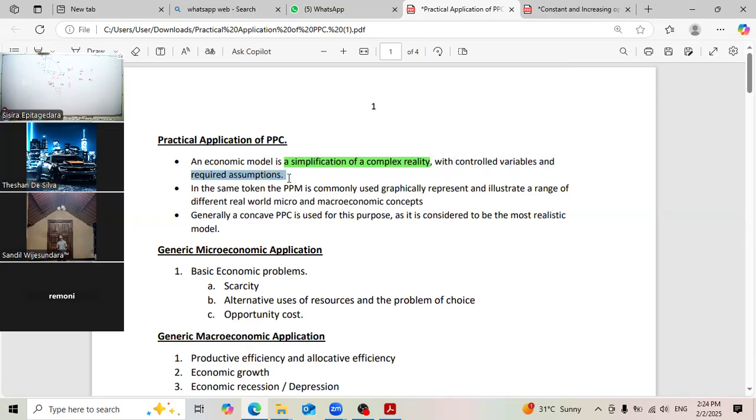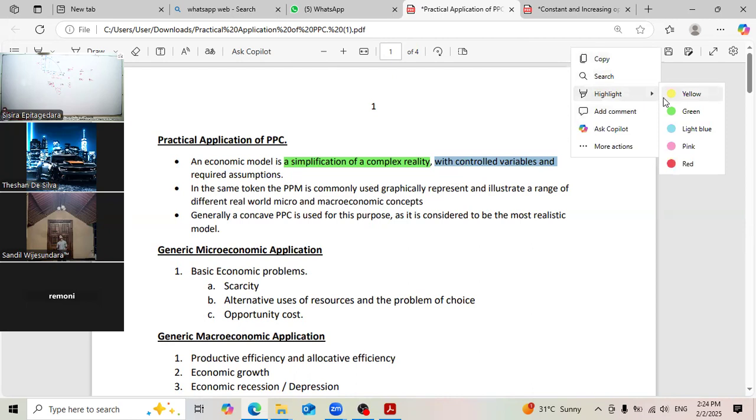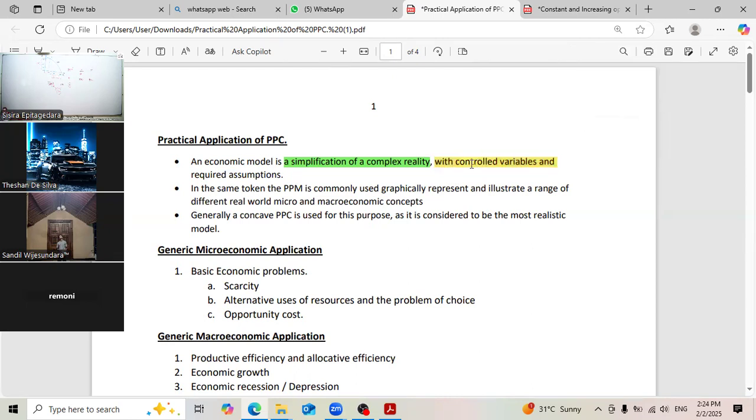Can you remember, Lamai, what are the assumptions we make when drawing a PPC curve? Resources and environment are constant. Yes, very good. Why do we make these assumptions? What is the purpose?